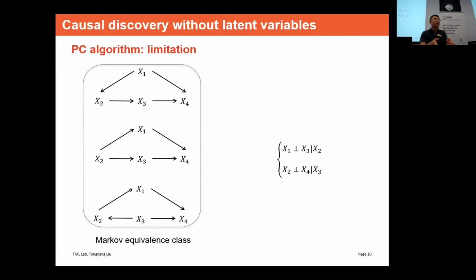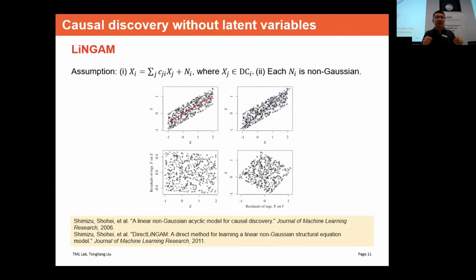This is at most what we can recover from the observed data using the PC algorithm. Sometimes we may also want to know the causal relationship between each pair of variables, the edge directions. So can we do more?